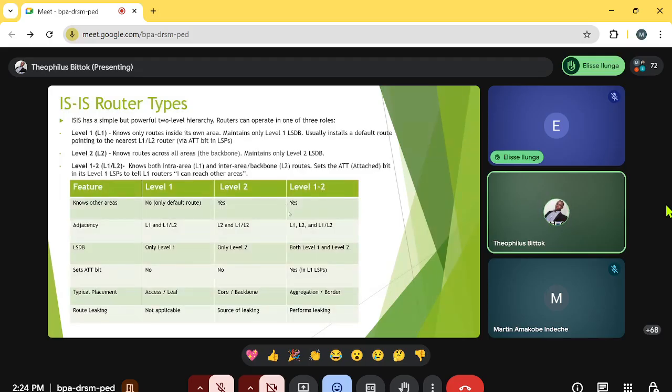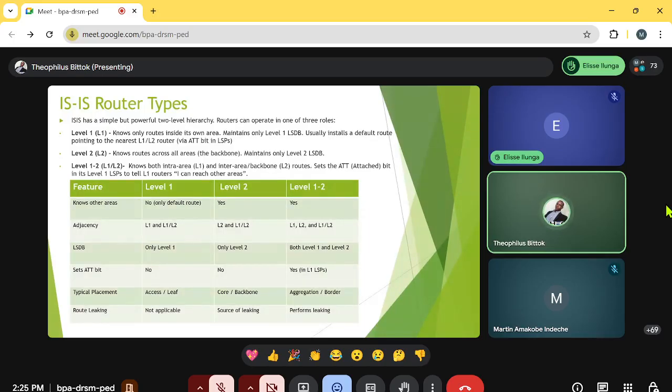As I had mentioned earlier, ISIS has different types of routers. We can say we have three types: level 1, level 2, and level 1-2.